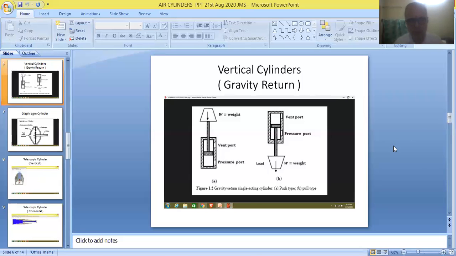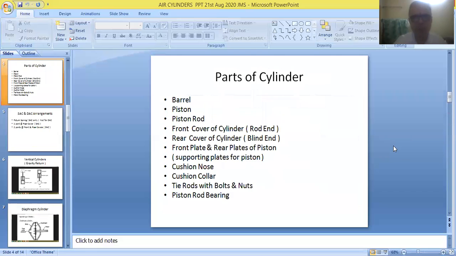Fluid pressure moves the piston in the upward direction, and gravity force moves the piston in the downward direction. Therefore, they are referred to as gravity return cylinders. So friends, this is about the construction and working of vertical cylinders.